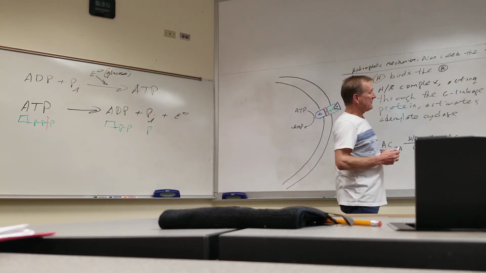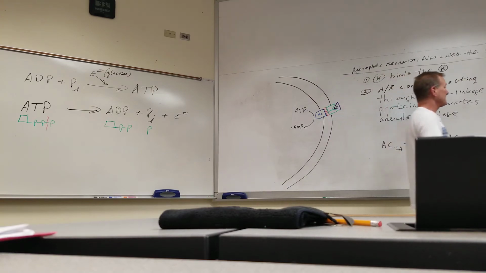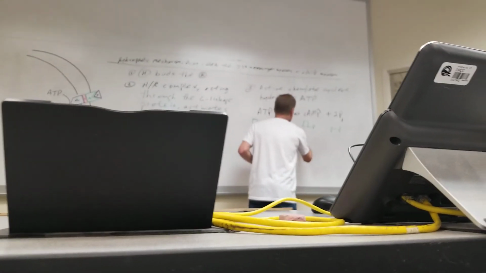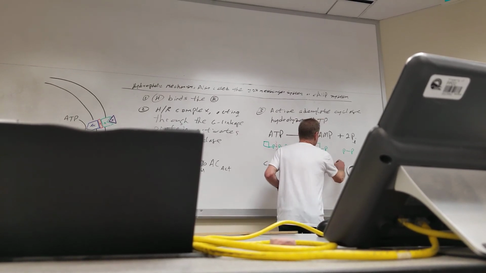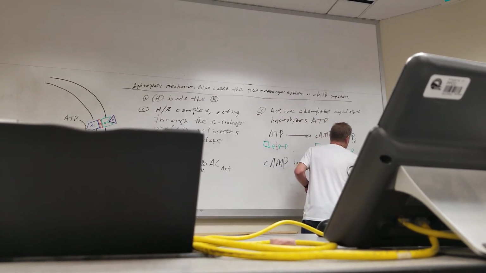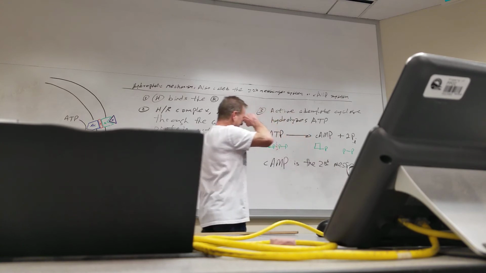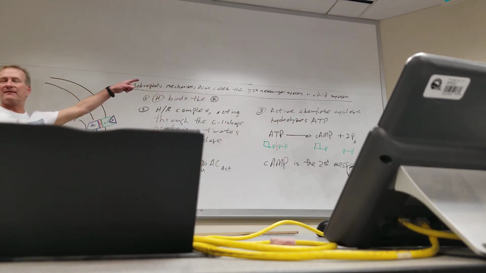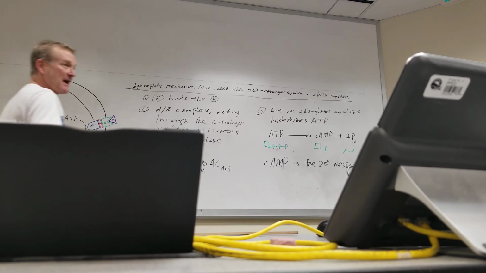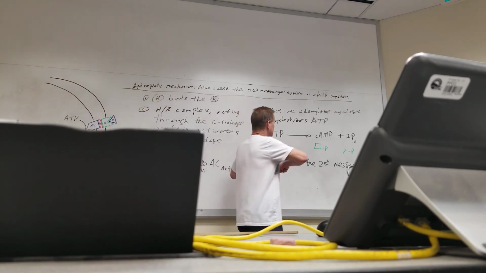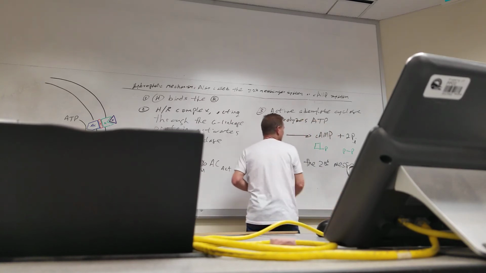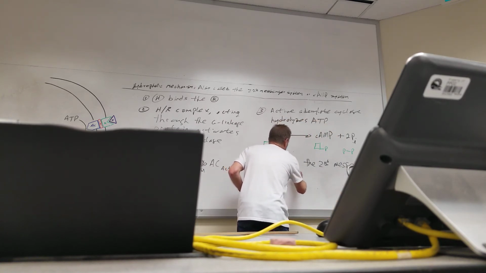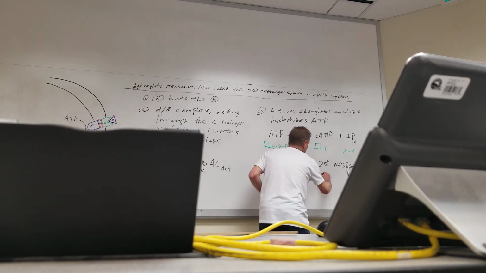cAMP, as people call it, is the second messenger. Look at the name of the system. Second messenger system. cAMP system. So cAMP is the second messenger, the intracellular messenger.